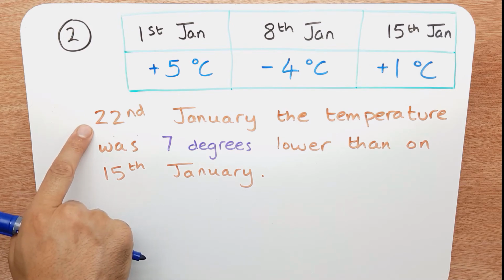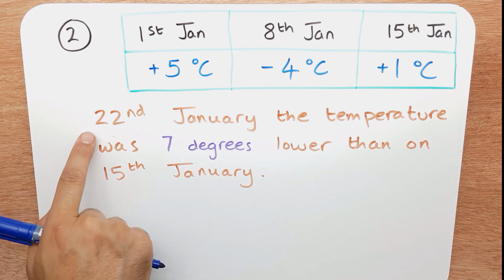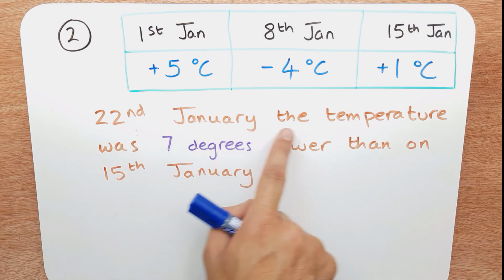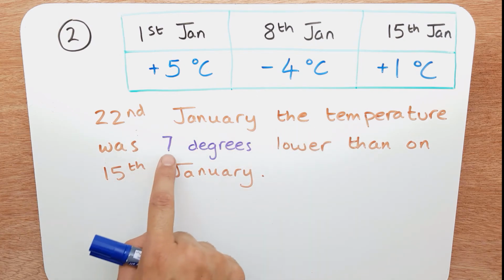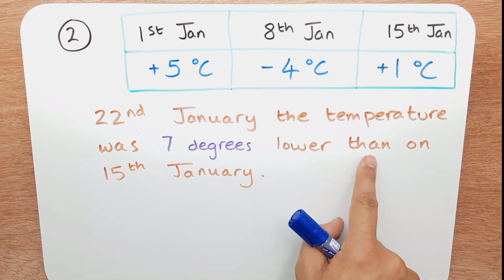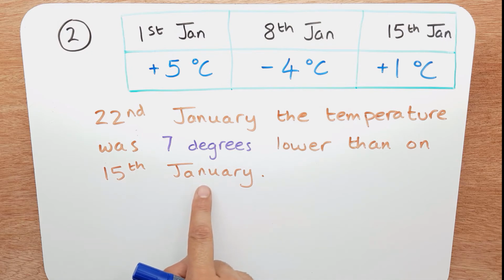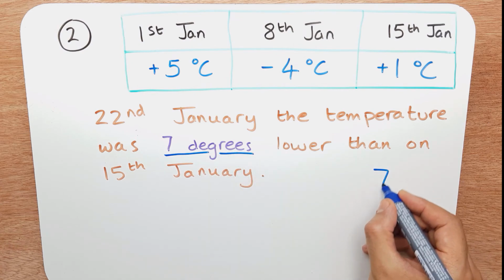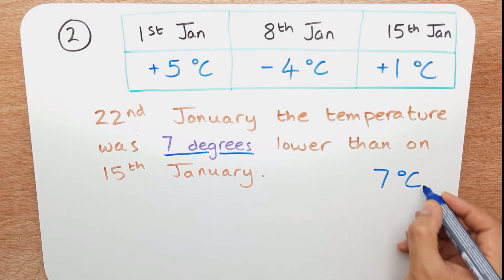With the second part of the question, we're given that on the 22nd of January, the temperature was 7 degrees lower than on the 15th of January. Now, 7 degrees here just means 7 degrees Celsius.